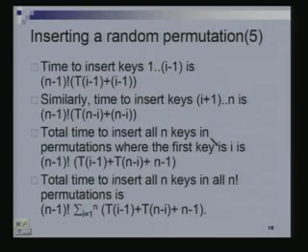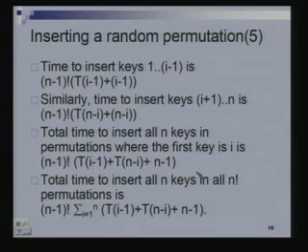So, the total time to insert all the n keys then is just the sum of these two quantities, and this is the total time over all the permutations in which the first key is i.